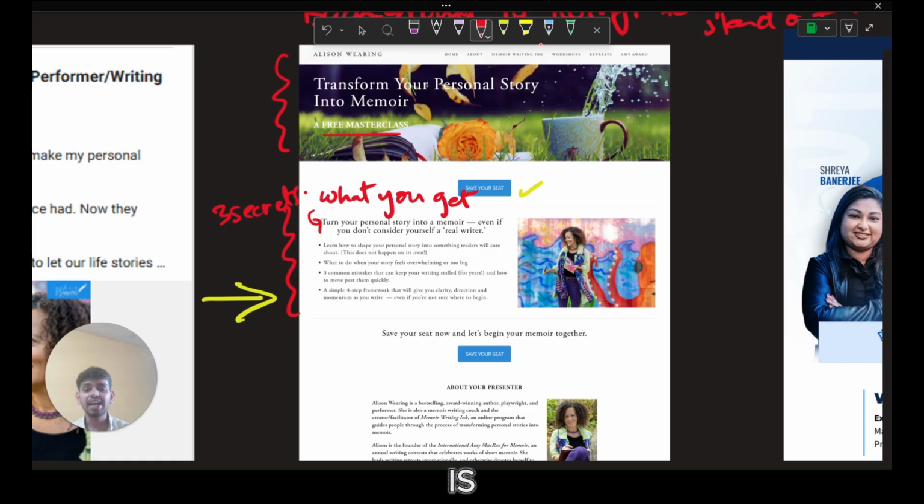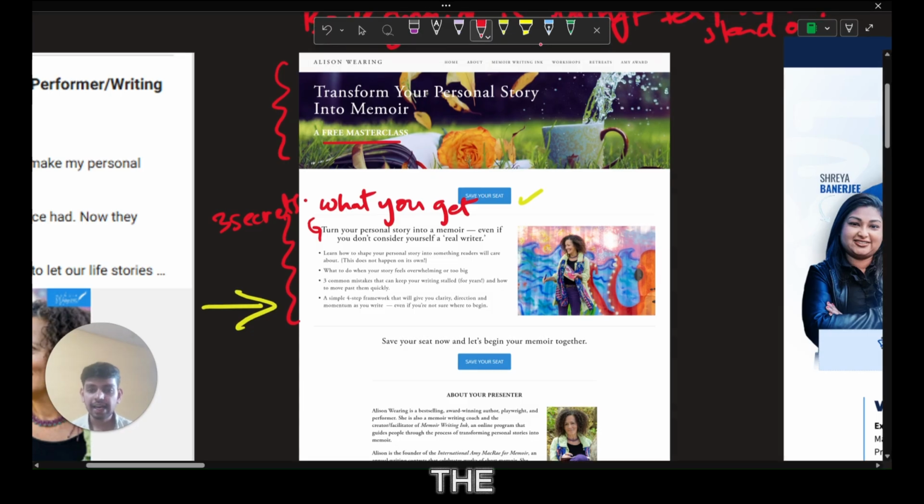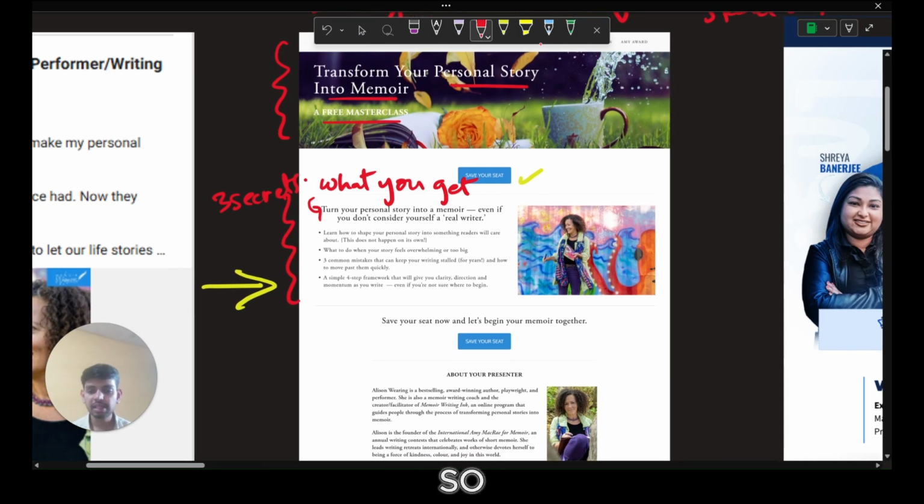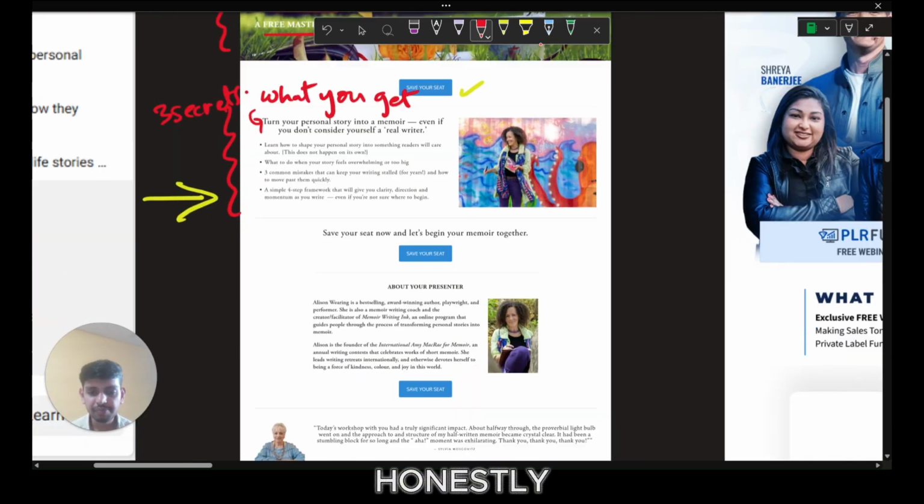But the question is, why do they need a personal memoir? If they are authors, why should they even write one? The headline says transform your personal story into memoir, but there should be a strong emotional hook, where your personal story comes into the picture and where memoir starts helping you. That is something which is lacking and makes this landing page very bland, honestly.